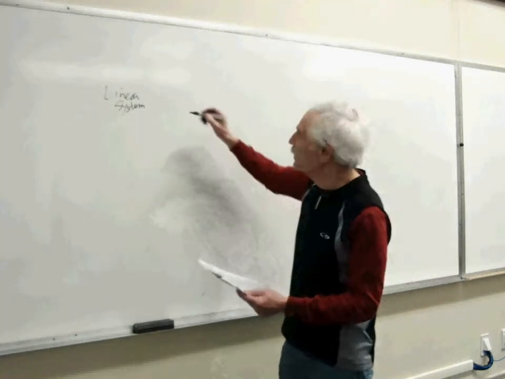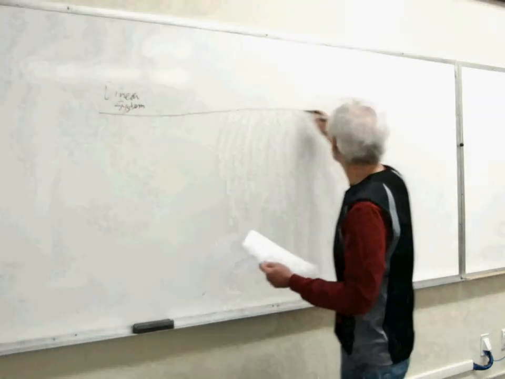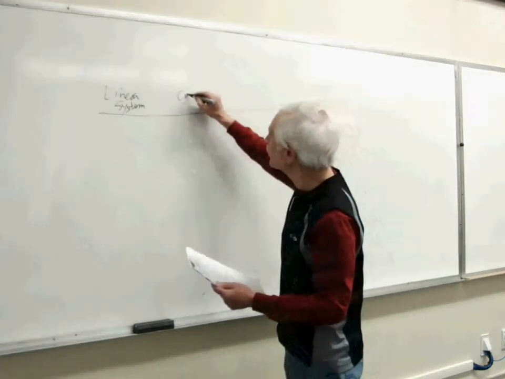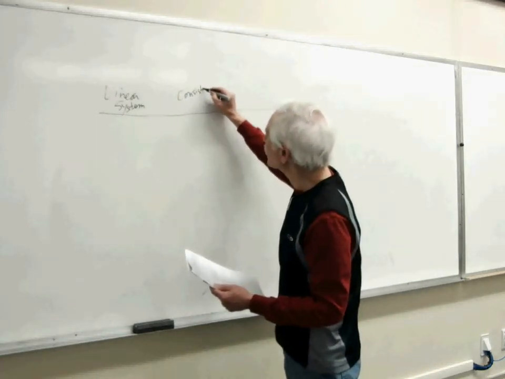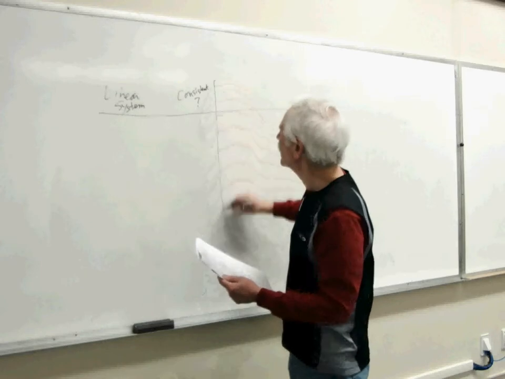Let's go through it. So, linear system, and we have consistent or not consistent. That's question 1.